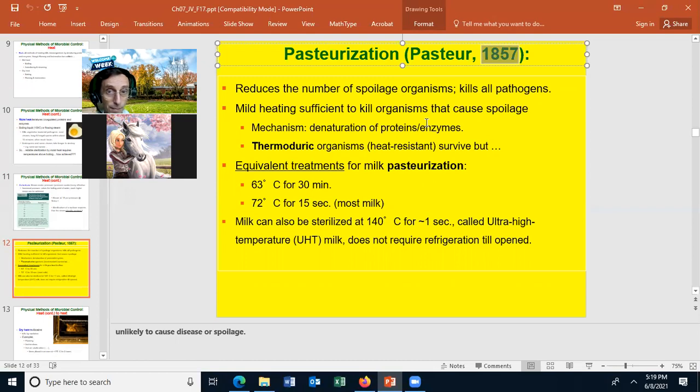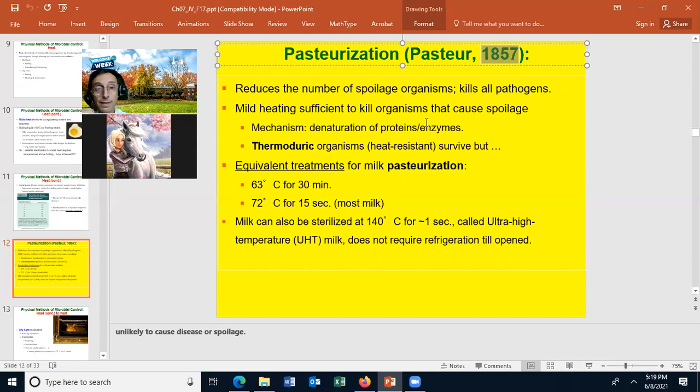However, thermoduric organisms can survive pasteurization. These are organisms that are mesophiles, but they are heat resistant, at least for a short period of time, and they can survive pasteurization. So pasteurized milk, or anything that's pasteurized, is not sterile. What has happened is we've reduced the number of spoilage organisms and killed the pathogens.